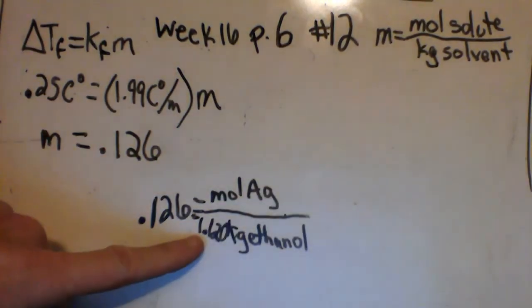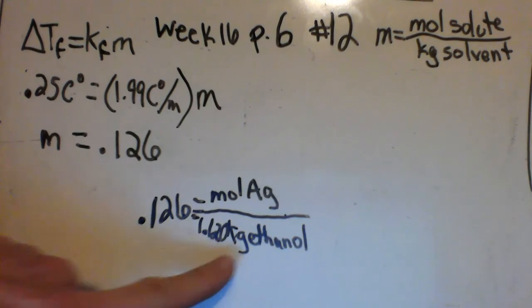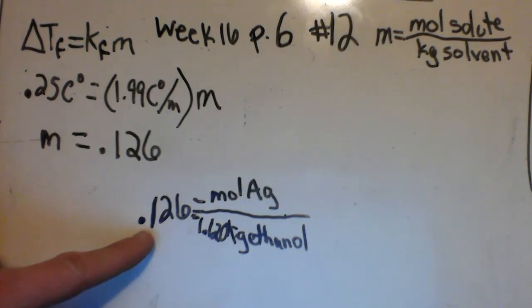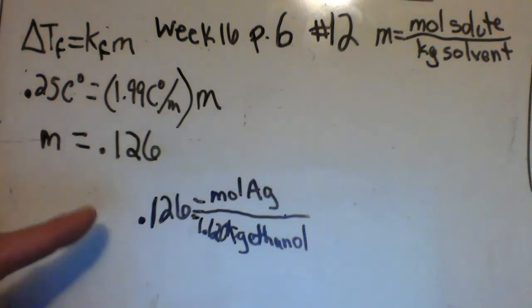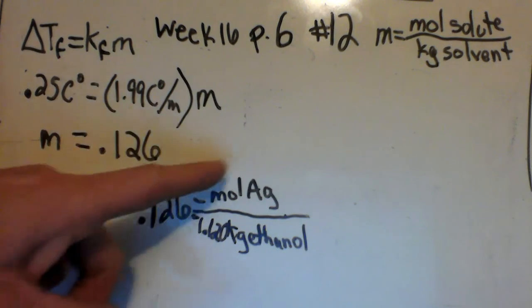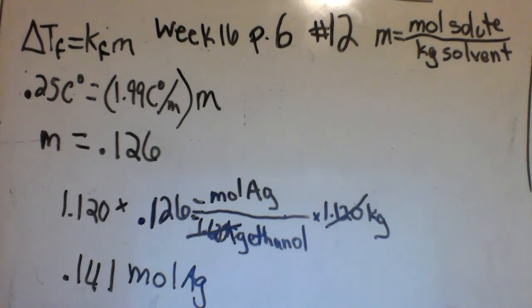So now we have 1.120 kilograms of ethanol and 0.126 for the molality. If we multiply both sides by kilograms, we'll leave moles by itself. So we get 0.141 moles of silver.